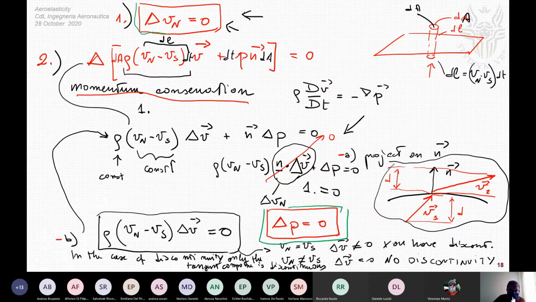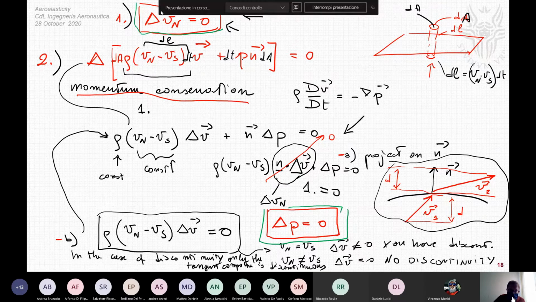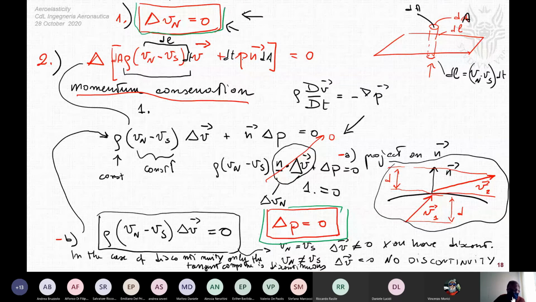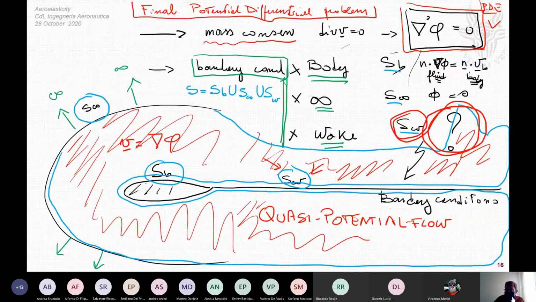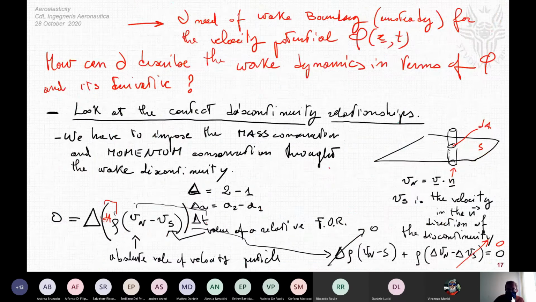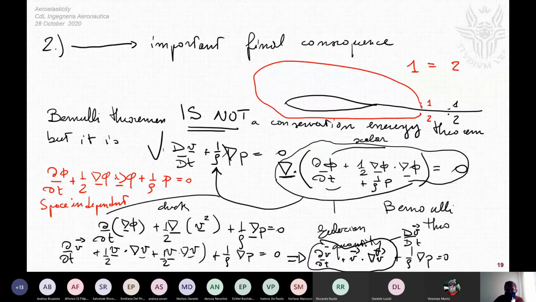The question now is, how can we translate this condition in terms of velocity potential? Because we want a boundary condition in terms of velocity potential on the wake. And in order to answer this question, we have considered the Bernoulli theorem, and we have demonstrated that the Bernoulli theorem is not energy conservation, but is just momentum conservation.